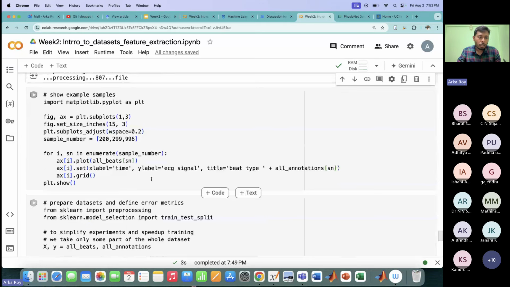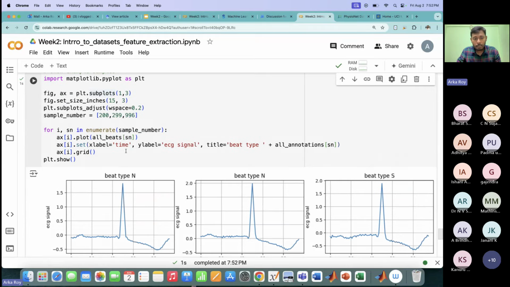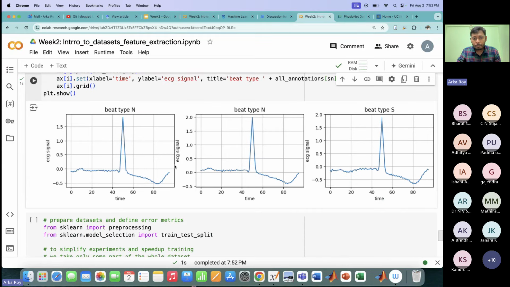But currently my aim is just to show you that with these features, if you use basic classifiers, for example, over here there is another example. Yes, in this example, these beat types are N and this is S. Are they not looking like a similar kind of thing?